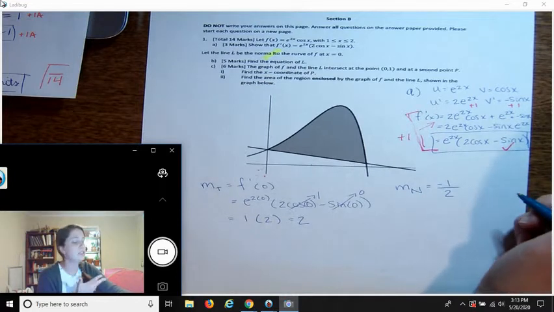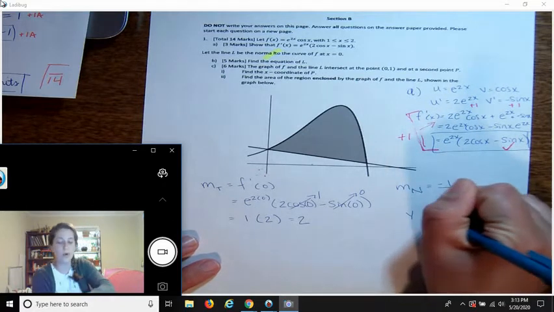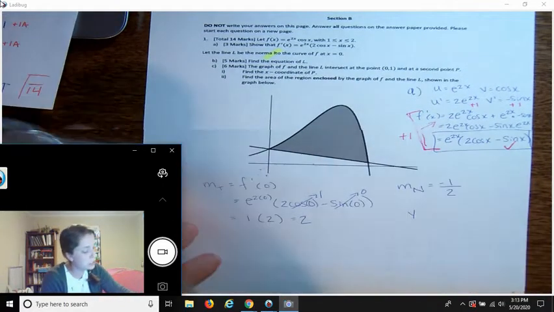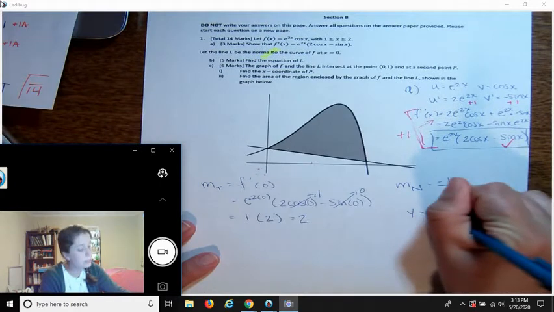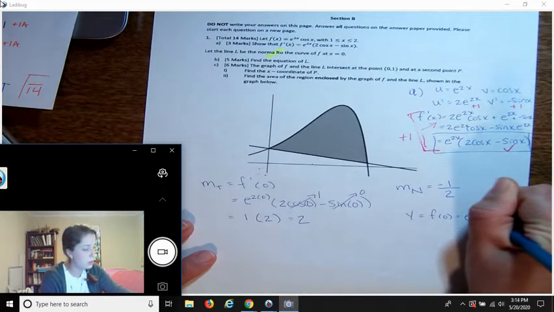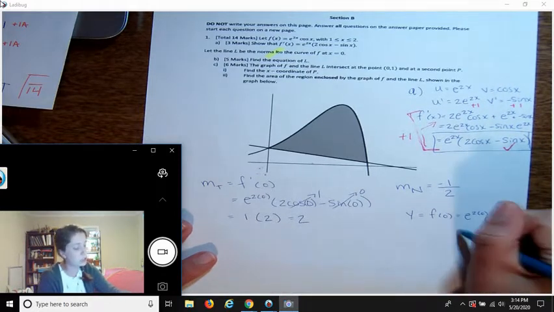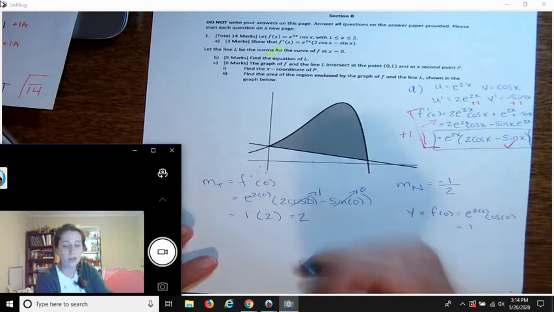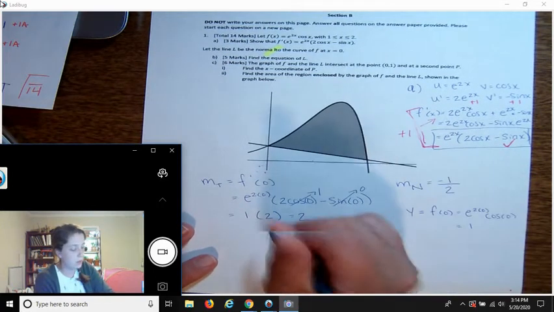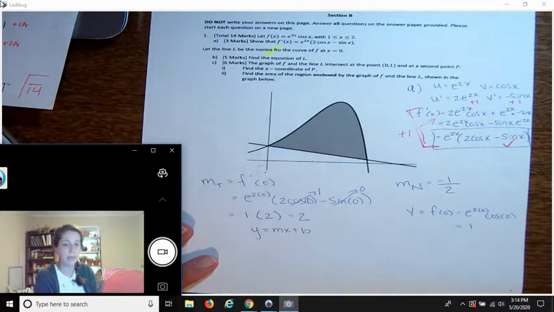We also need to find our y value that corresponds to the x value given. So we're going to need to find f of 0. So this is going to be e to the 2 times 0 cosine of 0. Cosine of 0 is 1. E to the 0 is 1. So this is just 1. So I'm going to fill in my function. y equals mx plus b is what I'm filling in.